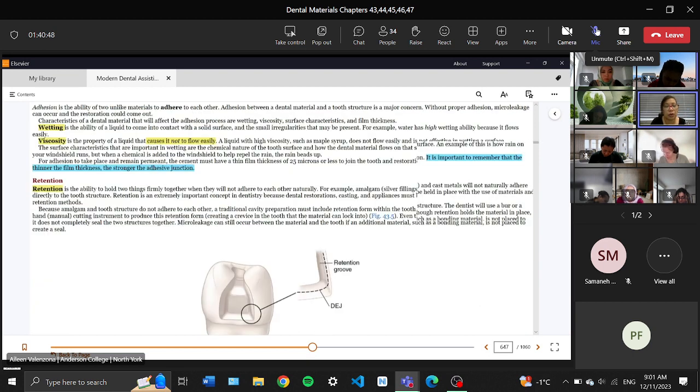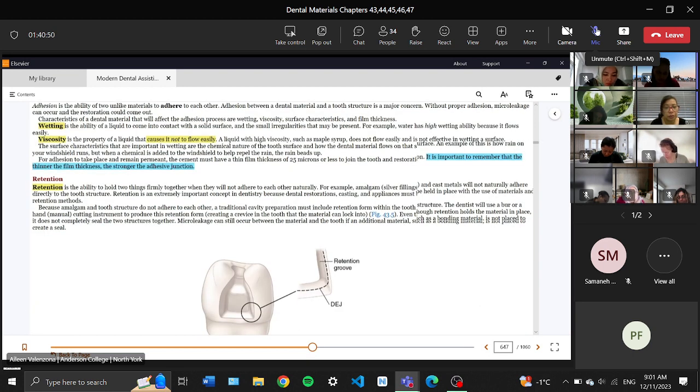Now let's talk about retention. Retention is the ability to hold two things firmly together when they will not adhere to each other naturally. For example, amalgam fillings and cast metals will not naturally adhere directly to the tooth structure. Retention is an extremely important concept in dentistry because dental restorations, castings, and appliances must be held in place, using materials and retention methods.